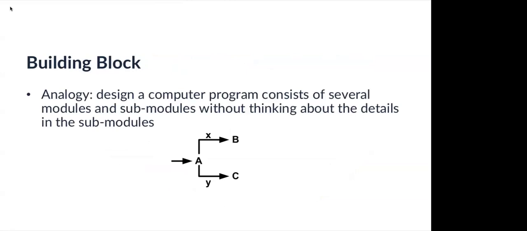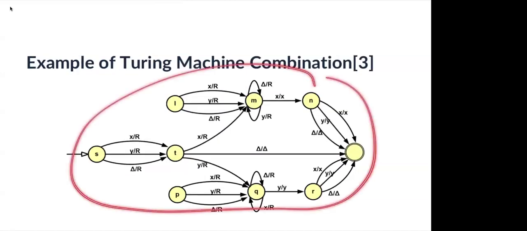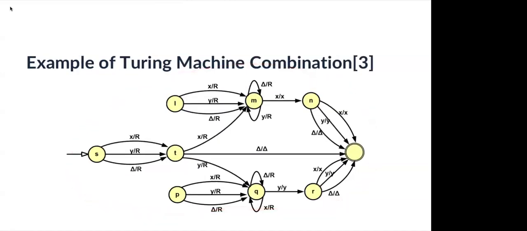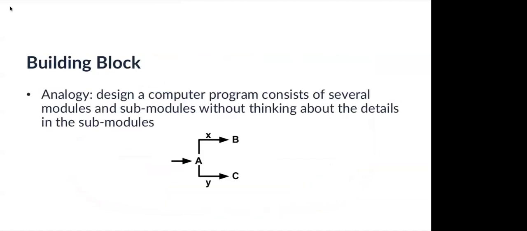And because drawing a Turing machine in detail takes a lot of effort, we can use something called a building block. By analogy, if we want to write a computer program, we can design it first. The design consists of several modules and also submodules.